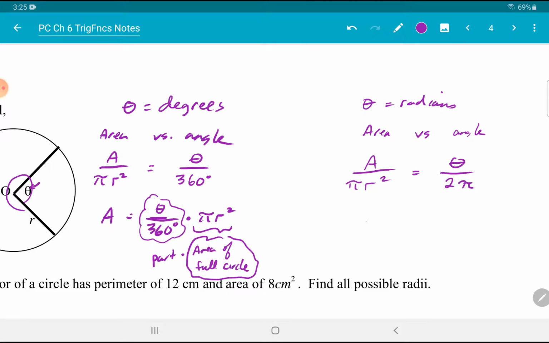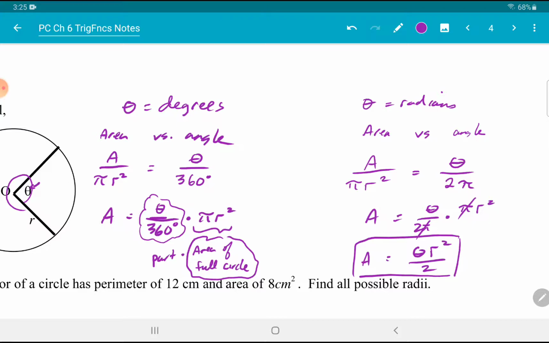Then, solving for A, we get theta over 2 pi times pi r squared. You'll notice that the pi's can cancel out, and so area is equal to theta times r squared all over 2, just like that. Okay, so that's the formula for sector area.